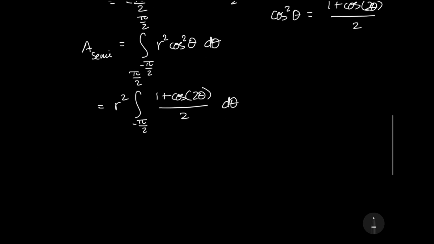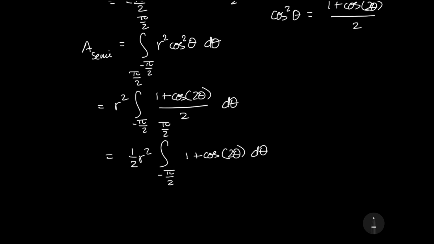Now we can pull a 1/2 out. So let's do that. This is equal to 1/2 r squared times the integral from negative pi over 2 to pi over 2 of 1 plus cosine 2 theta d theta.